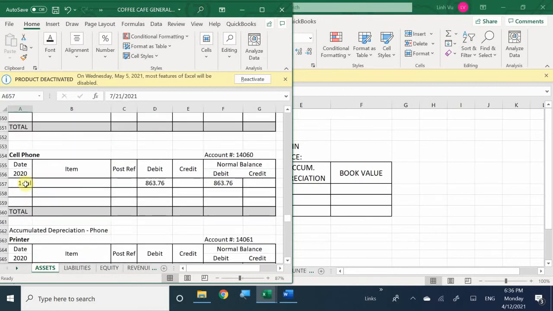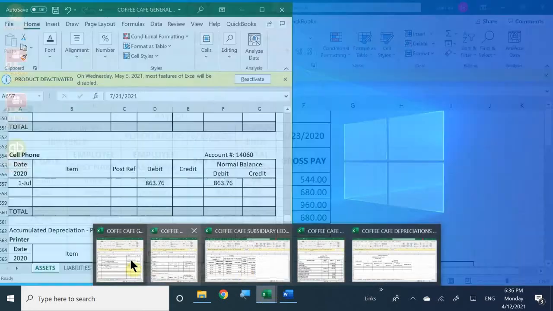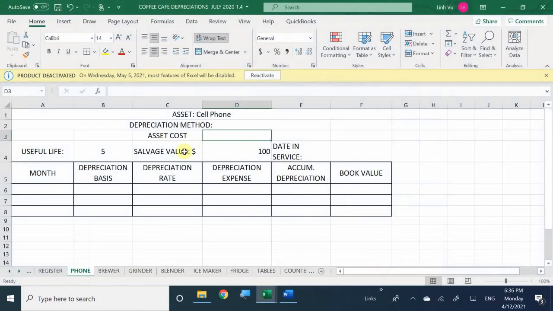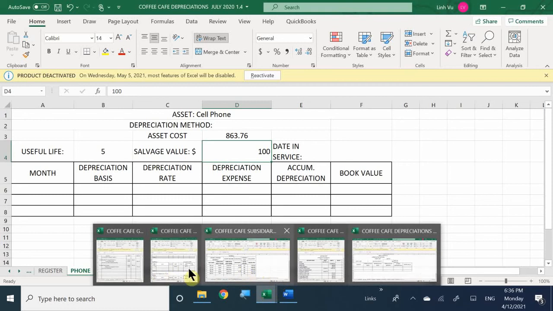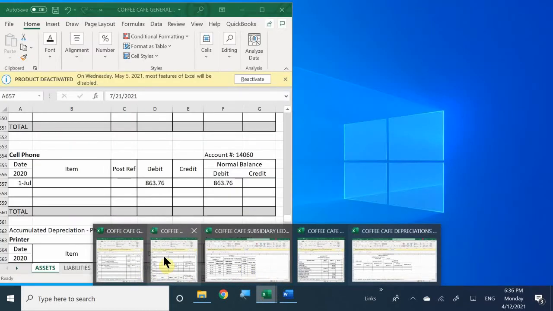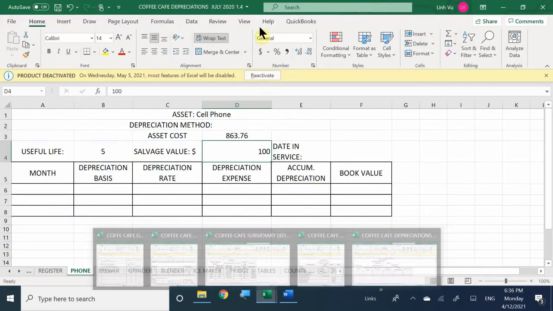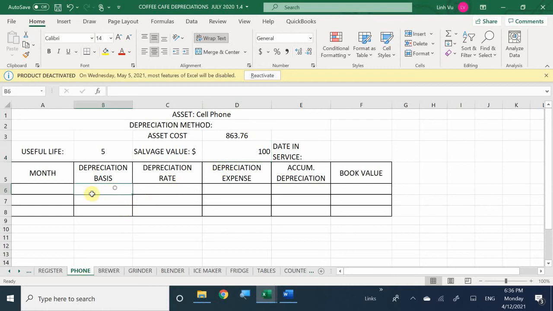We purchased it on the 1st of July for $863.76. Okay, let me double confirm that. 863.76. Okay, perfect.